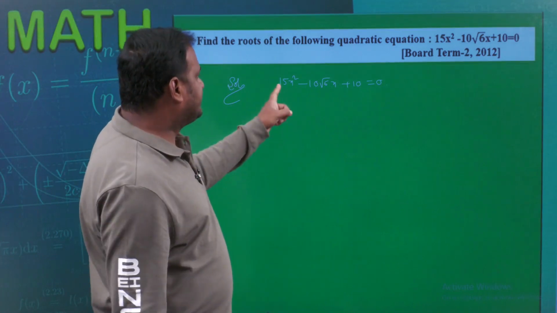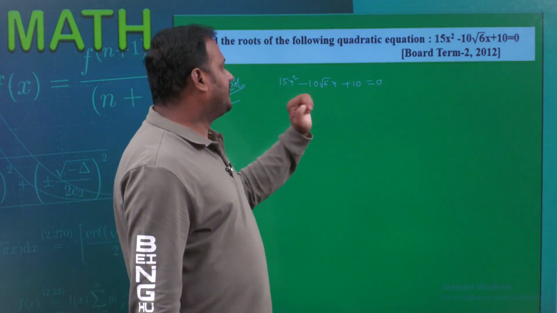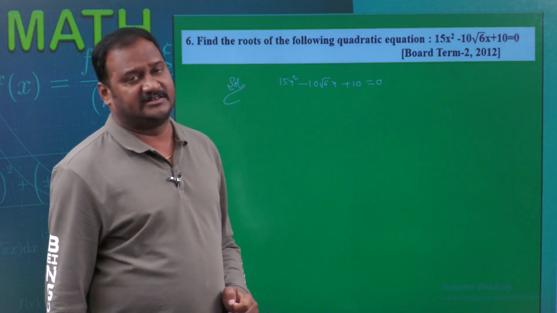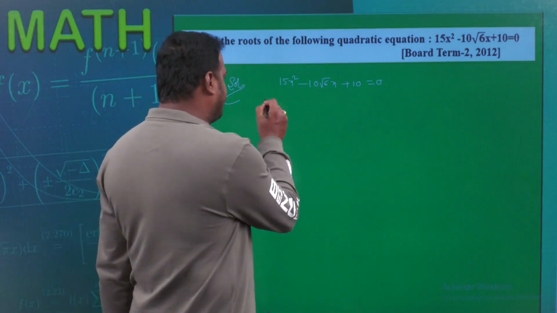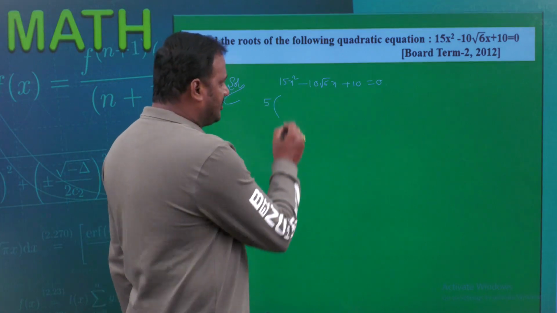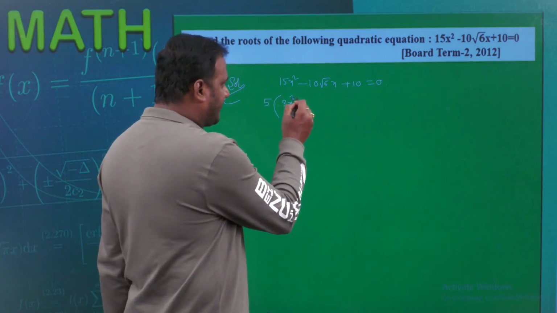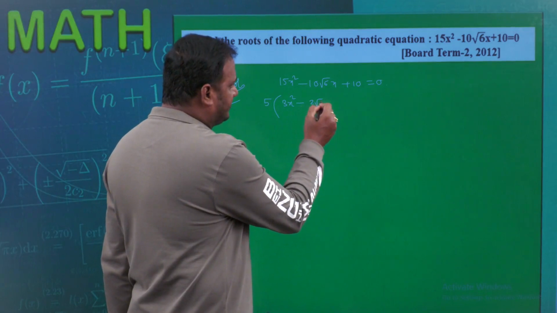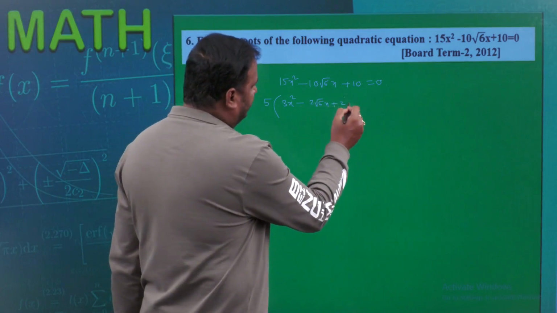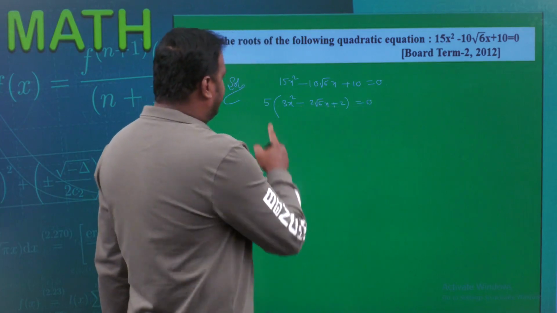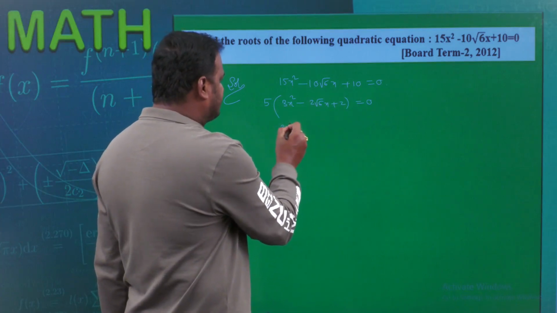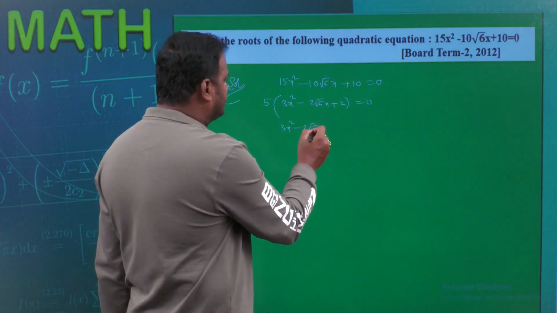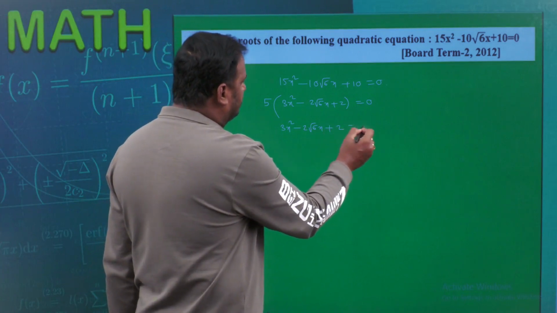No, because the coefficient of x square, the coefficient of x and the constant are multiples of 5, so you can take one 5 common from all three terms. 5 3s are 15, 5 2s are 10, 5 2s are 10, equal to 0. Anyway, 5 is not equal to 0, so only this term is 0, that is 3x square minus 2 root 6x plus 2 equals 0.